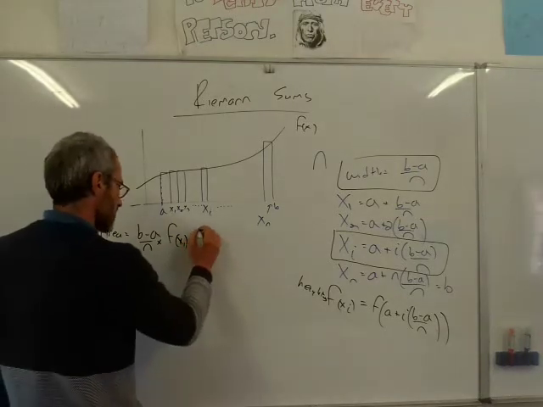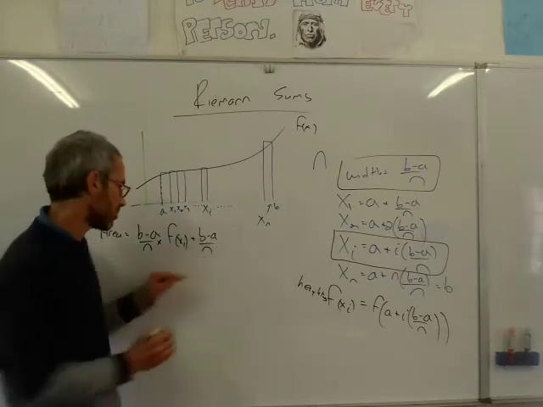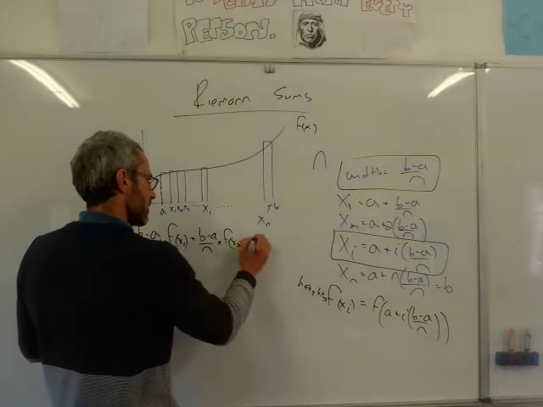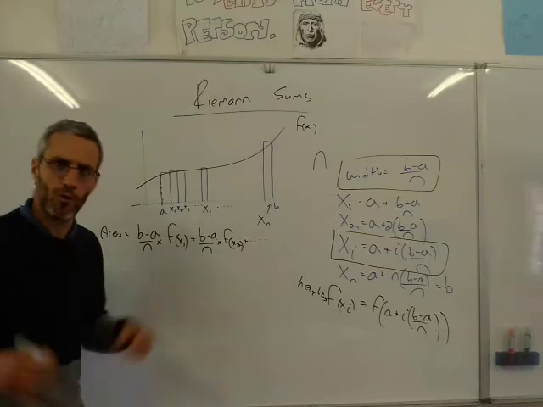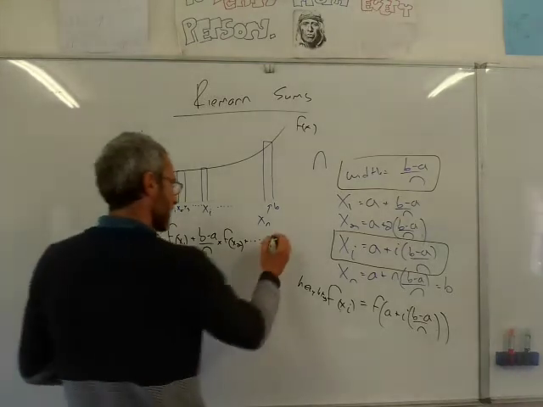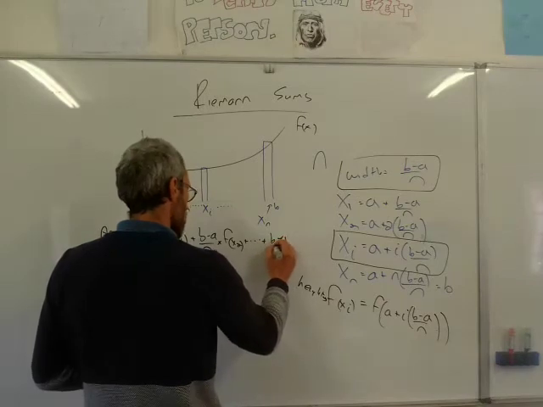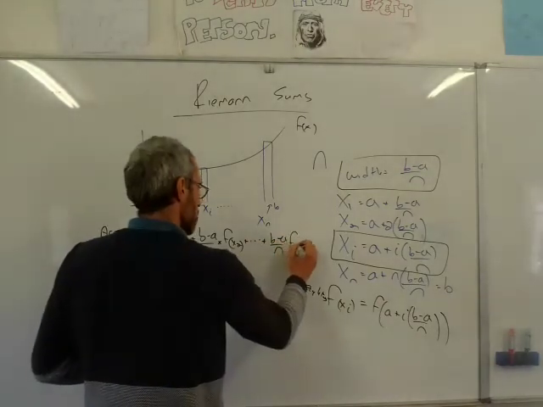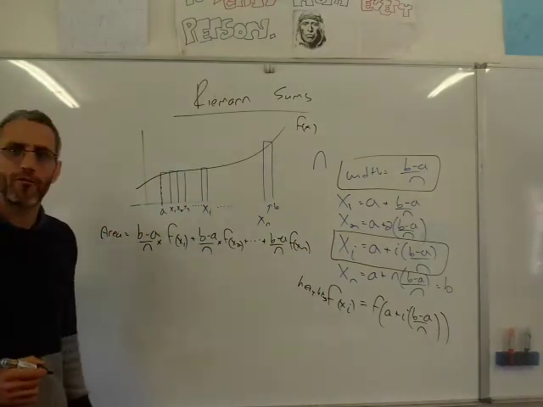Then plus (b minus a) over n, which is the width of the second block, times f of x2. Carry on for the third, the fourth, for all the blocks until I reach my last block, where again the width is the same, times block n. So that's the formula for the area.